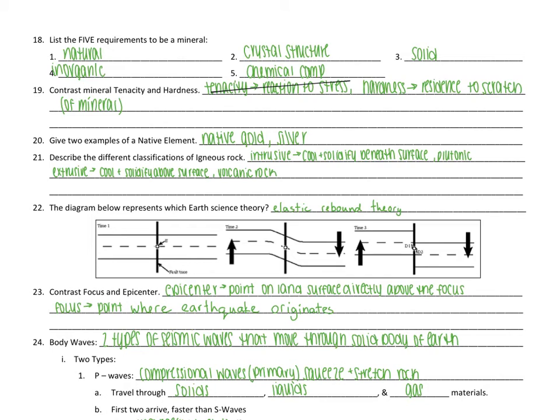Well, the epicenter is going to be the surface point directly above that focus. If you're looking at material online, sometimes they call the focus the hypocenter, and hypo just means below. So the point below Earth's surface.